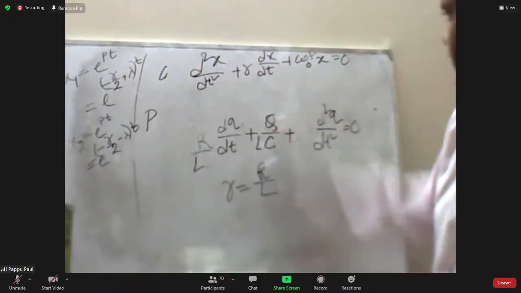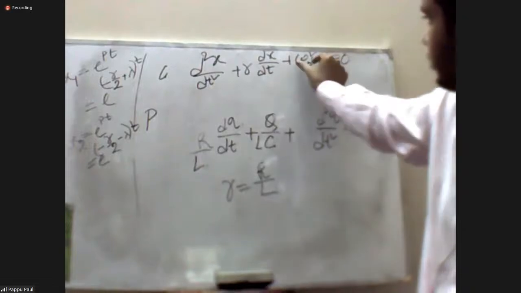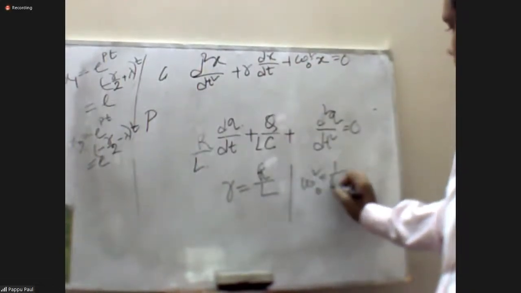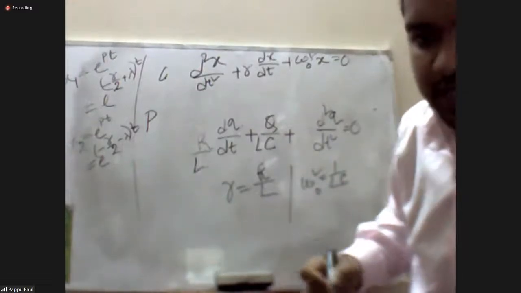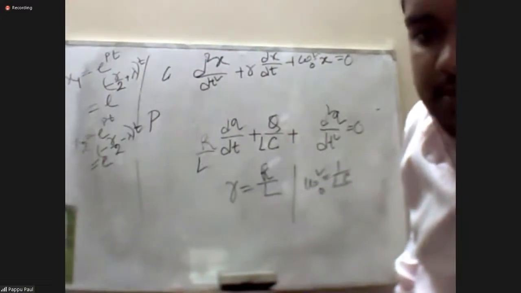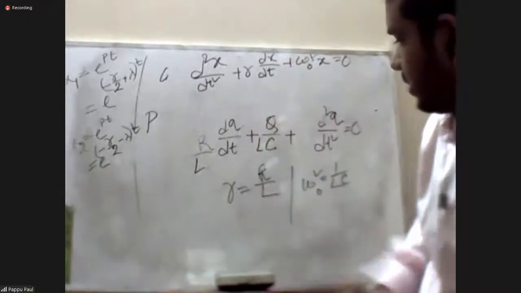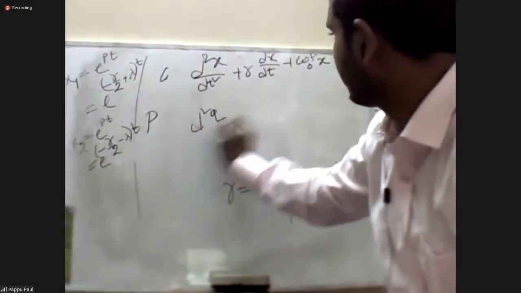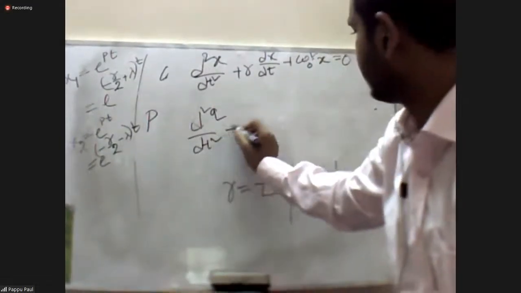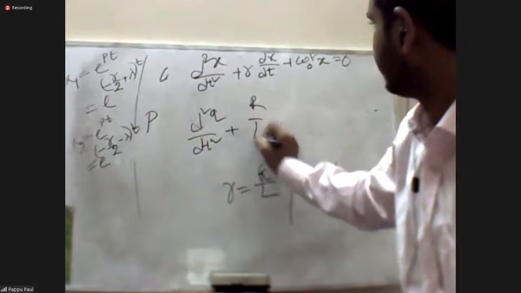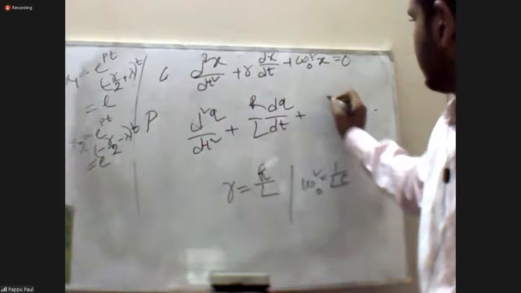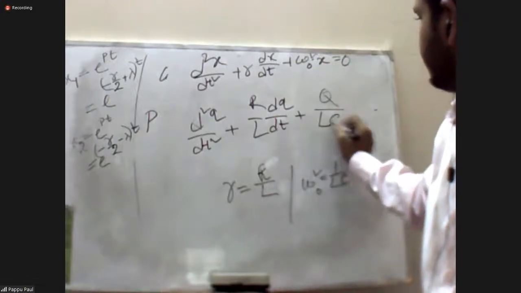I think you understand. Here q is the x, so omega naught square will be 1 by LC. Do you understand, or do I need to explain it again? If I write down this equation in this fashion, that means d square q by dt squared plus R by L dq by dt plus q by LC.